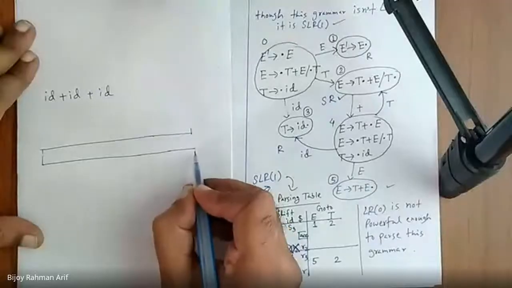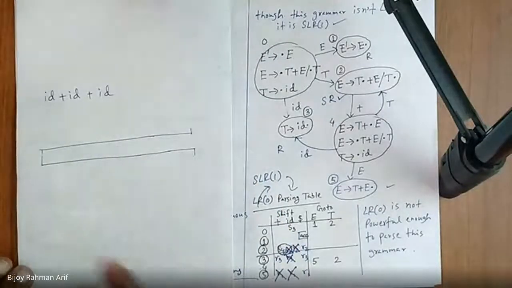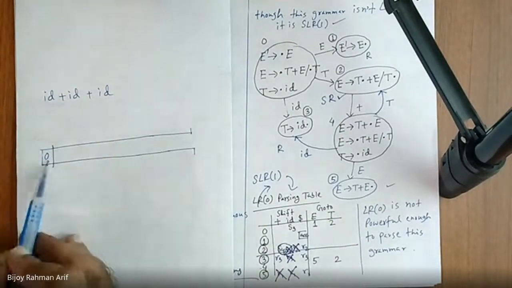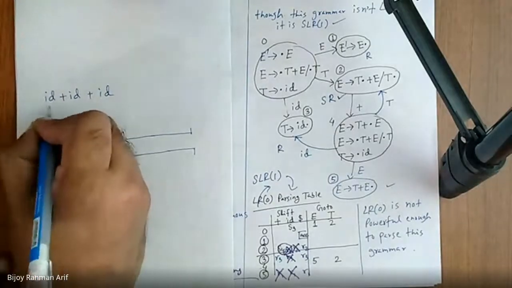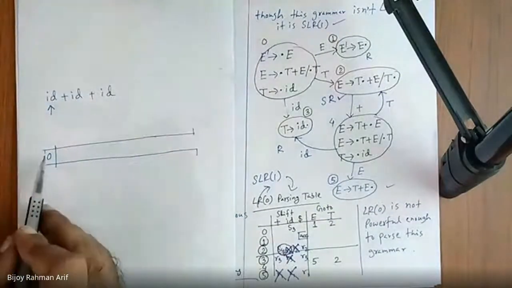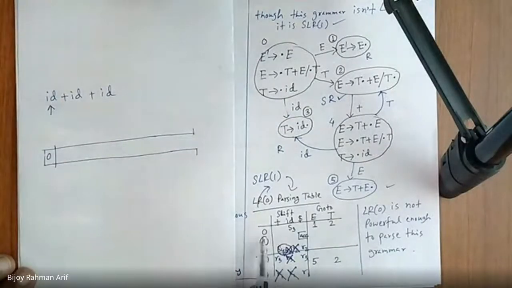The dollar. The first entry in the stack of an LR parser is 0, the starting state. Now 0, and this is my current lookahead. So go to row 0, column id. So what is the entry?